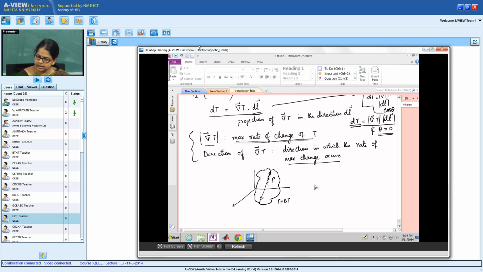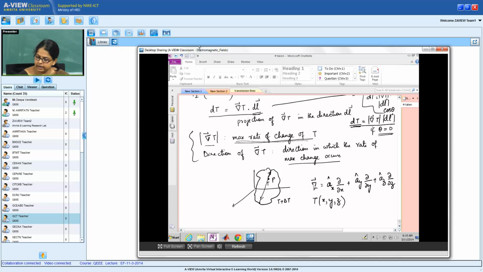How do you calculate the gradient? I know that the del operator is Ax del by del x plus Ay del by del y plus Az del by del z, and T is a scalar function, which could be a function of x, y, z.